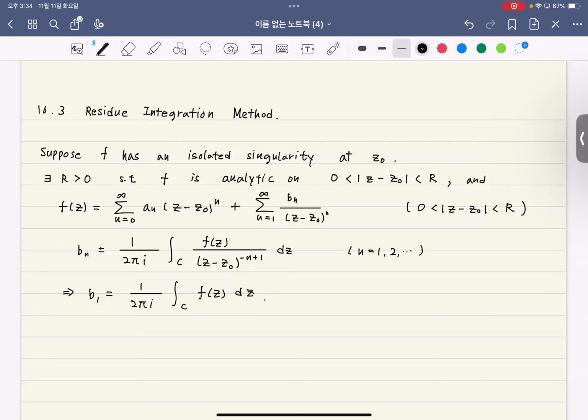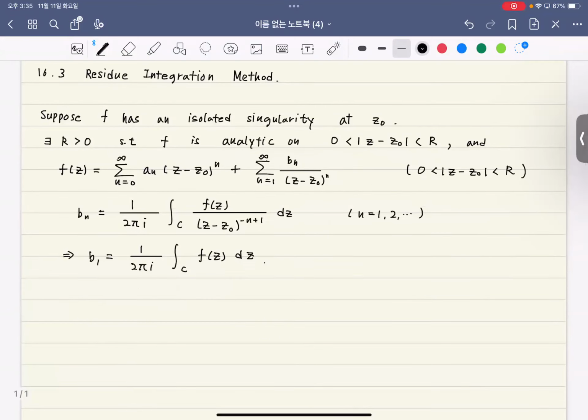But that is one option. In this case, suppose that you are able to find the Laurent series of your function. Then the first coefficient of the negative power of z will give us the idea what your integration is. It tells us your integral of your function around this curve should be the first coefficient b1 times 2 pi i, right?